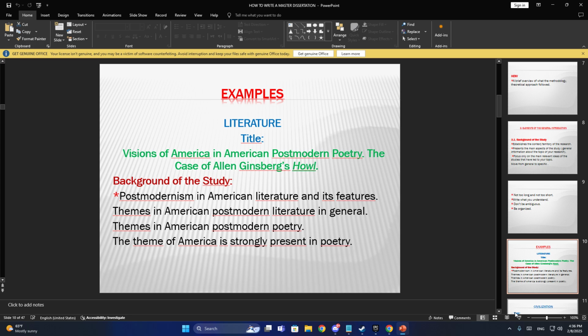Now I move to specifying the background of the study, and then I move to the theme of America being strongly present in poetry. This is what you have noticed. The theme here refers to the word visions of America. Here the word means how America is represented in postmodern American poetry.